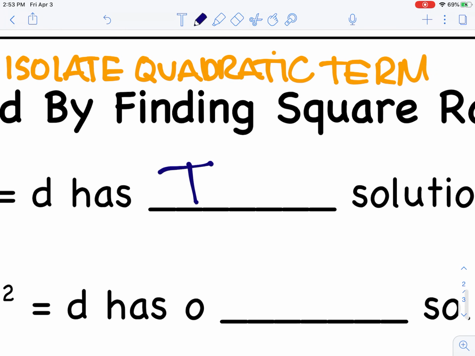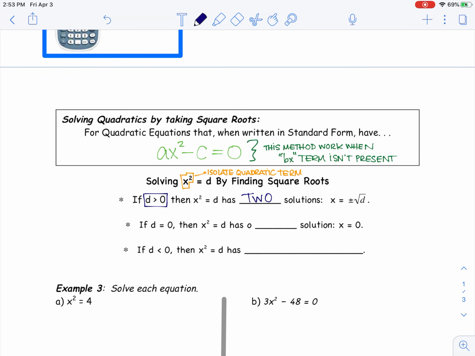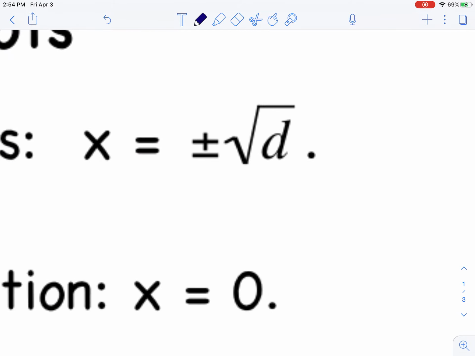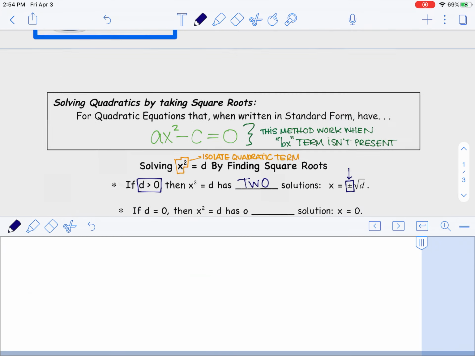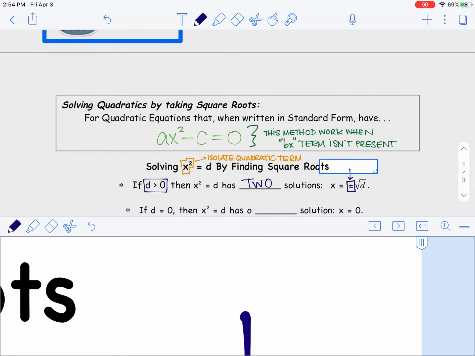So we're going to expect 2 solutions when we have isolated our x squared and we know that the value that remains is positive. Now, the way we're going to get those solutions, and we're going to review that from what we just did on the first page, is we're going to take the square root of D and we're going to use this plus or minus sign to represent our 2 solutions.